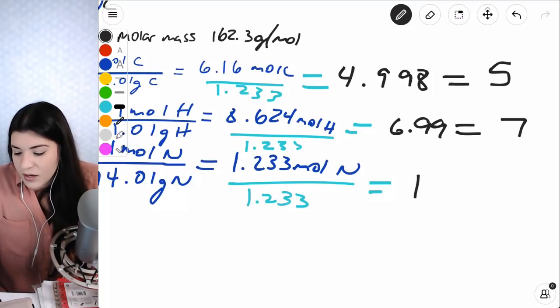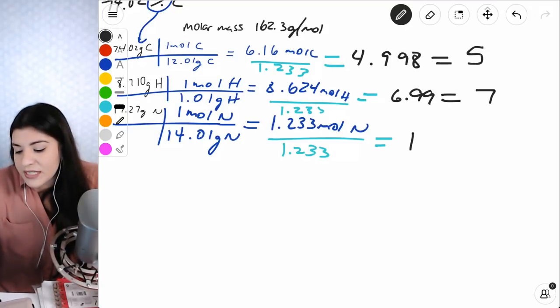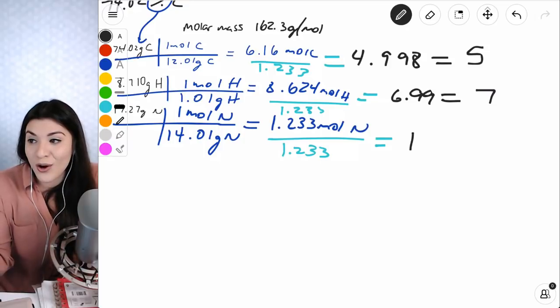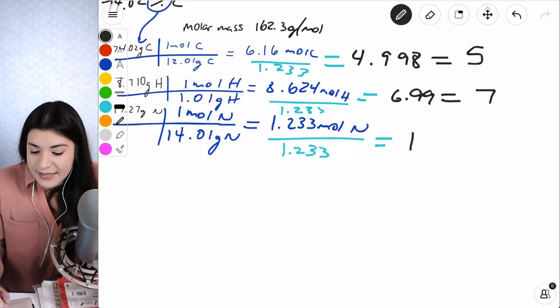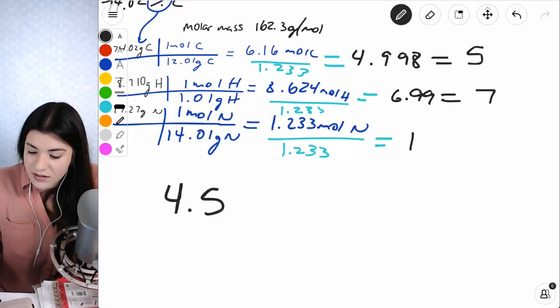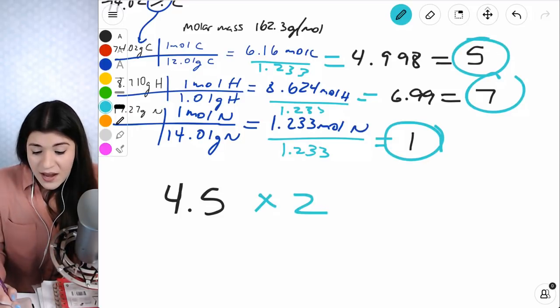Okay, so real quick, if you didn't have this nice 4.99, or it wasn't really, really close, then let's say this instead ended up as 4.5, then you would multiply each one of these subscripts by 2, just to make it a whole number. And so on.